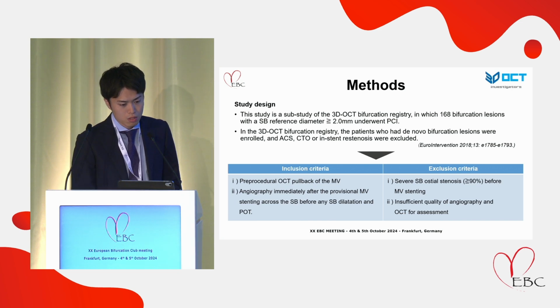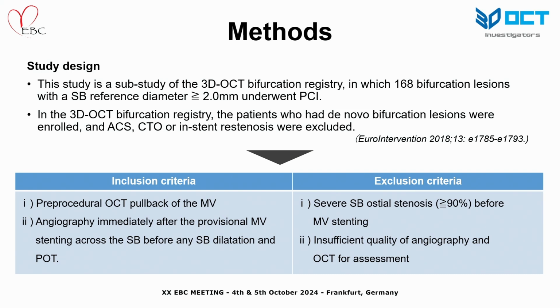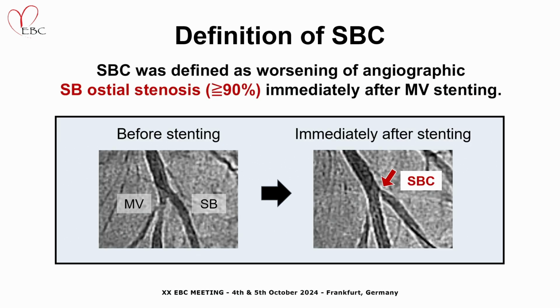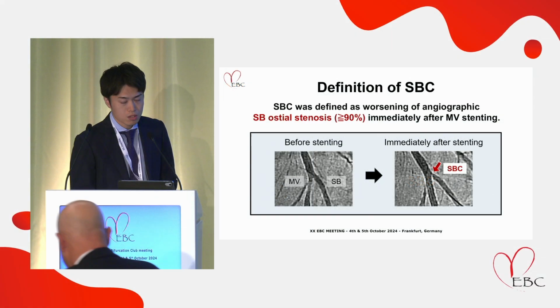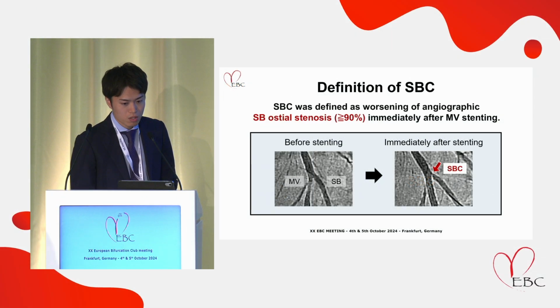Of these, the present study extracted cases according to the following criteria. As you can see, side branch compromise was defined as worsening of angiographic side branch ostial stenosis greater than 90% immediately after main vessel stenting.